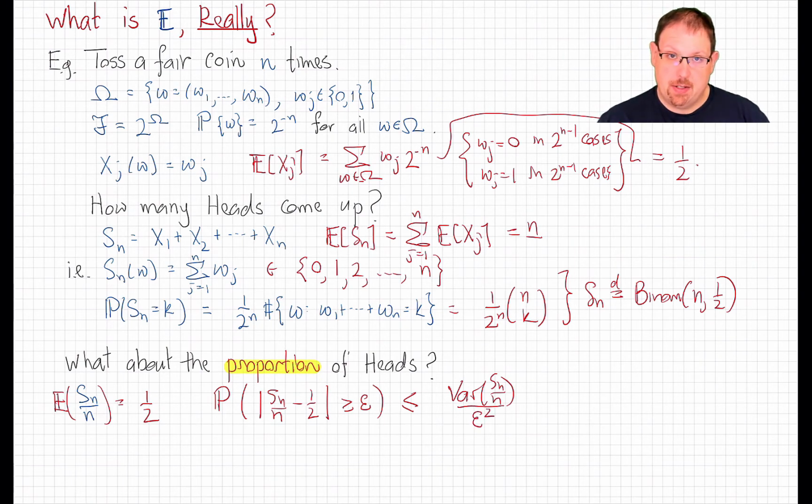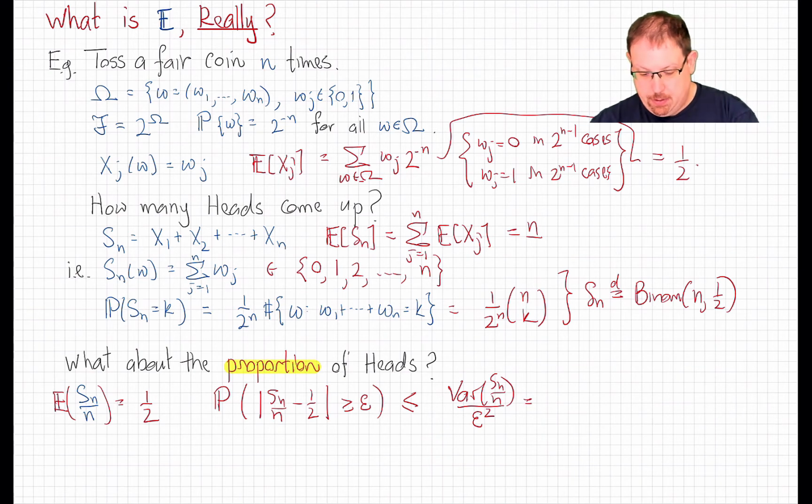Now, if epsilon is very small, that means the denominator is even smaller, and so this is a big number, but we're holding epsilon fixed and considering what happens as n grows. One thing we'll note right away is that since the variance is a quadratic function, that 1 over n can be pulled out as a 1 over n squared.